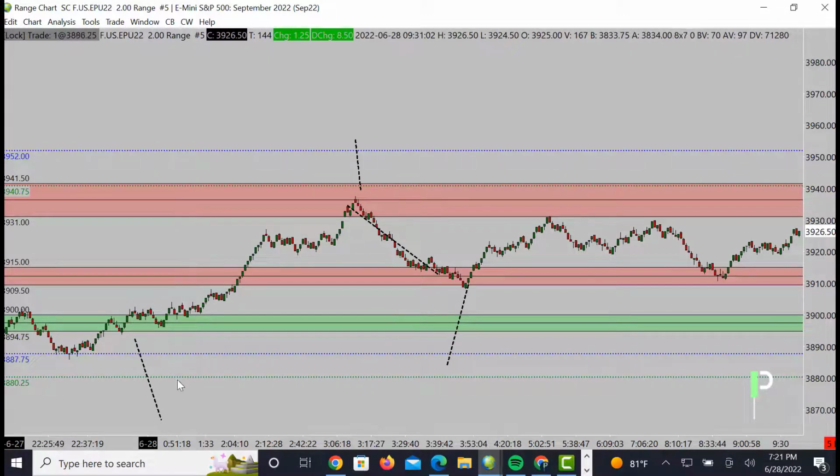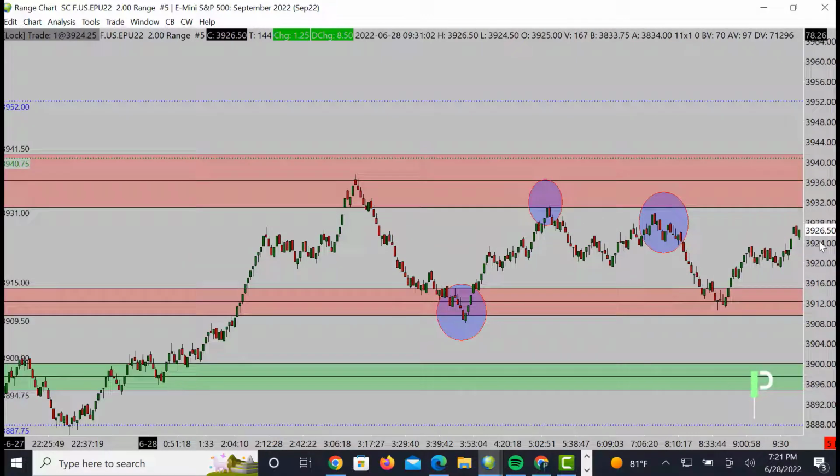Market got back up into the support, could have a nice area down here for a long, right? Market comes back down into this area, which is our prior level of resistance and becomes the support, could add a nice long, gets back up into this area of resistance, could add a nice short from that area, right? So it goes between the two levels constantly back and forth, and you could have had opportunities both on the long side and on the short side.